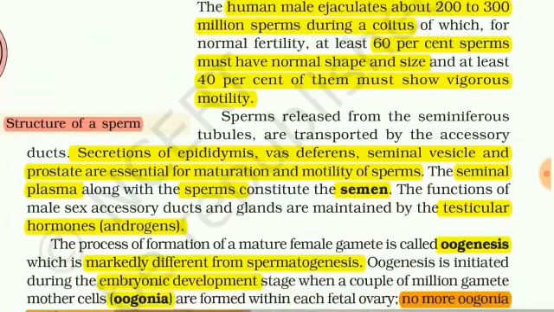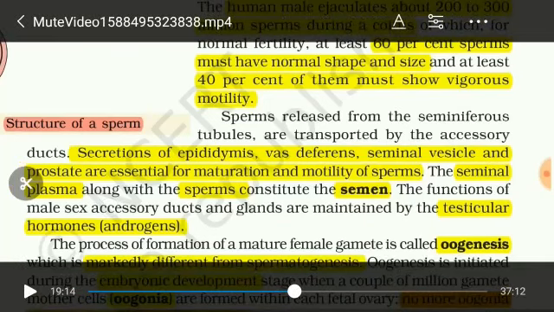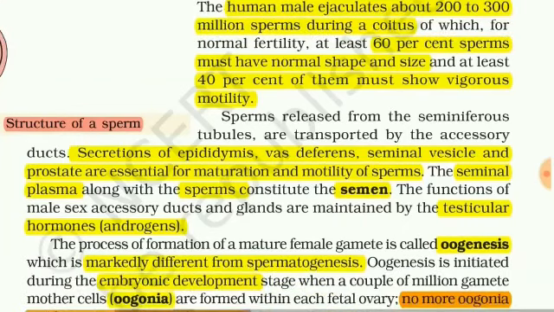Semen is nothing but seminal plasma along with the sperm, which is useful for developing sperm as well as for fertilization. The testicular hormones control the male accessory ducts and glands. This is the male reproductive structure and the formation of the male gamete from the testis, that is spermatogenesis.